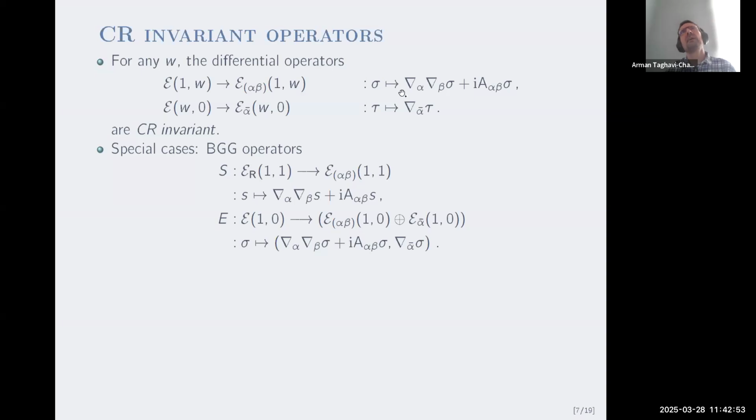If I change my contact form, I will get the same expression in terms of the Webster connection associated to the new contact form. So this is an example. Another example is if I take a density of weight (w,0) and take the covariant derivative with respect to vectors in the anti-holomorphic vectors, then this is invariant.